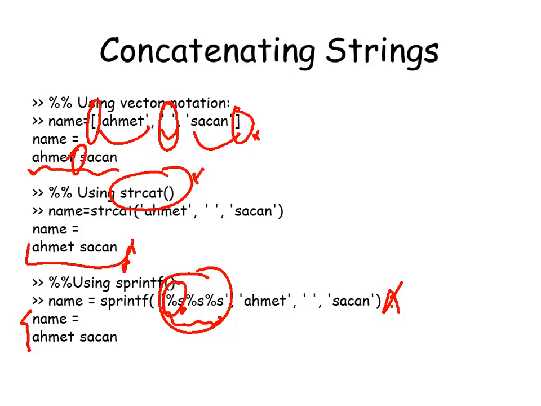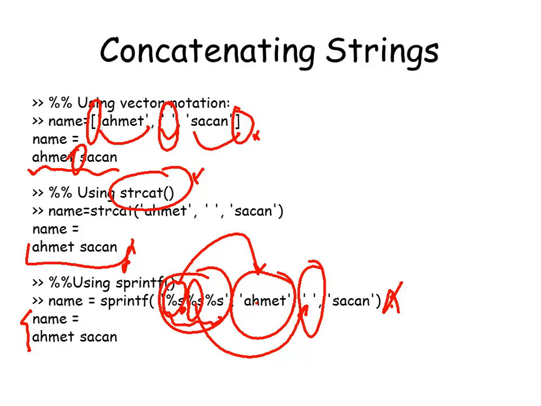The first %s will be replaced with the second argument to this function, so the first following argument. The second %s will be replaced with the third argument, and the third %s will be replaced with the last argument. So each % sign will go and look at the next argument and will be replaced by that.